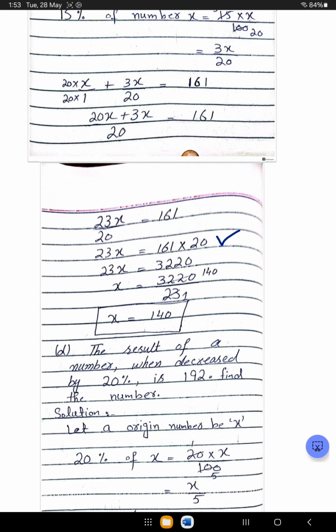Here 23 is multiplied by x, so x is equal to 3220 divided by 23. 23 times 140 is 3220, and x is equal to 140, which is our required answer.